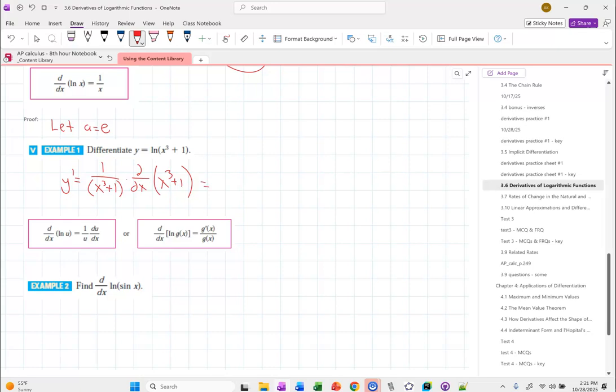And so when I do the derivative, I get 3x squared. So it simplifies down just to that, right?